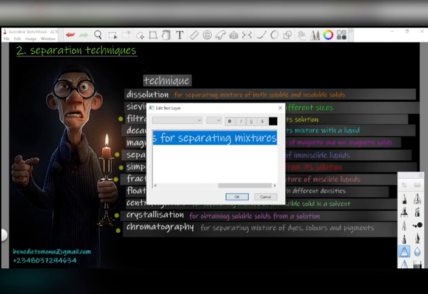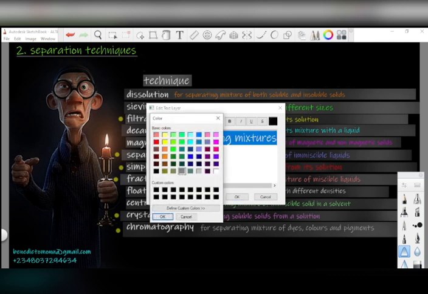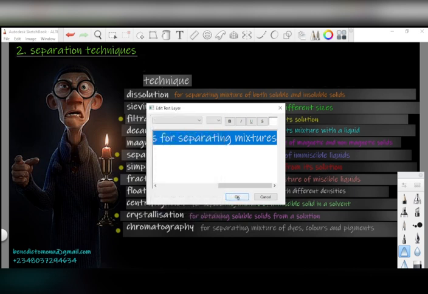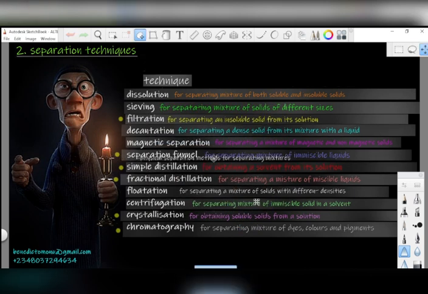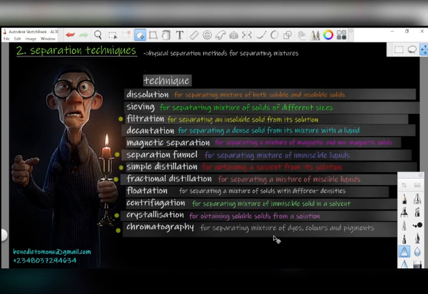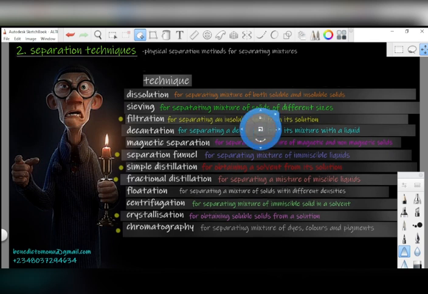And you know what mixtures are? Mixtures are substances that are not chemically combined. They are mixed together, but they are not bonding. When you have two or more substances mixed but not chemically bonded, you have a mixture.